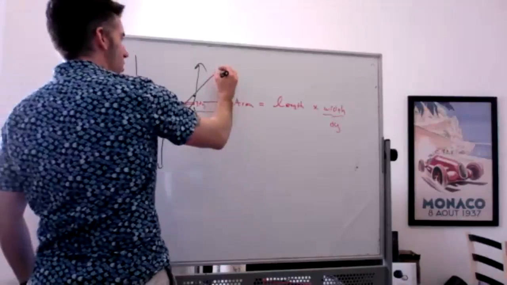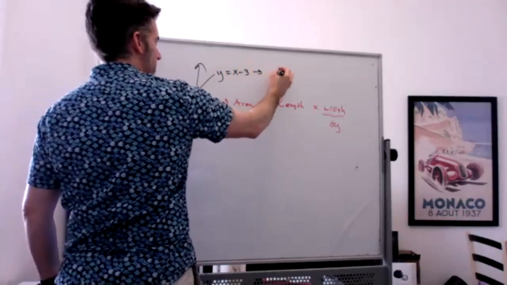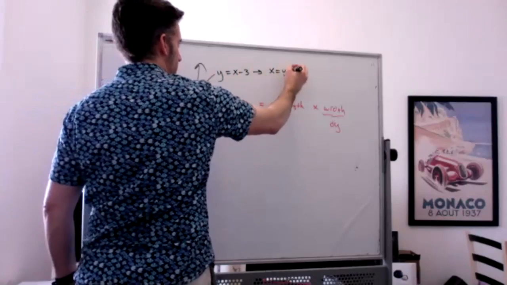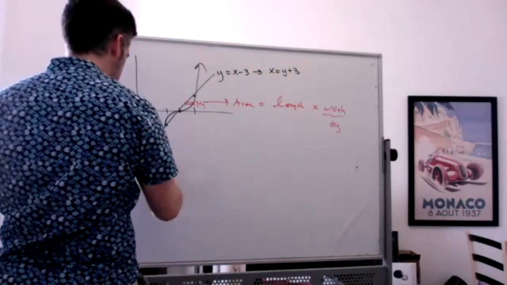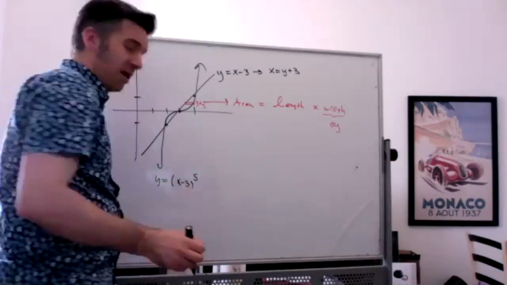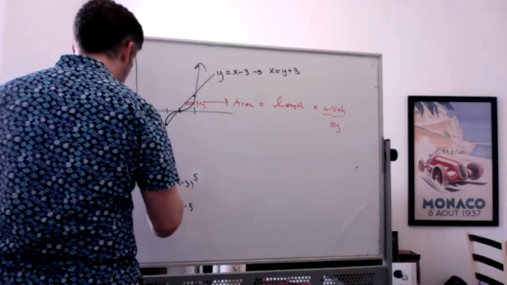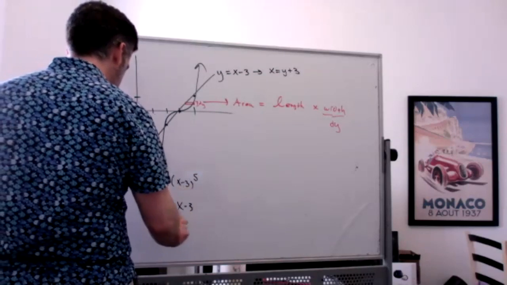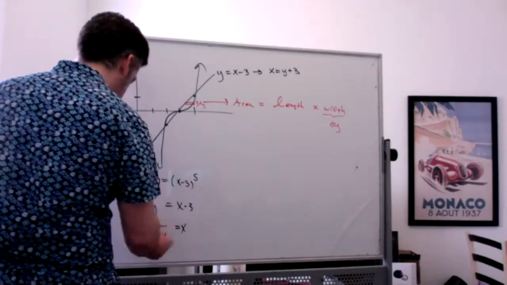So this line is y equals x minus 3, which becomes x equals y plus 3. And this curve, which was y equals (x minus 3) to the 5th, if we solve for x minus 3 is the 5th root of y, x equals 3 plus the 5th root of y.